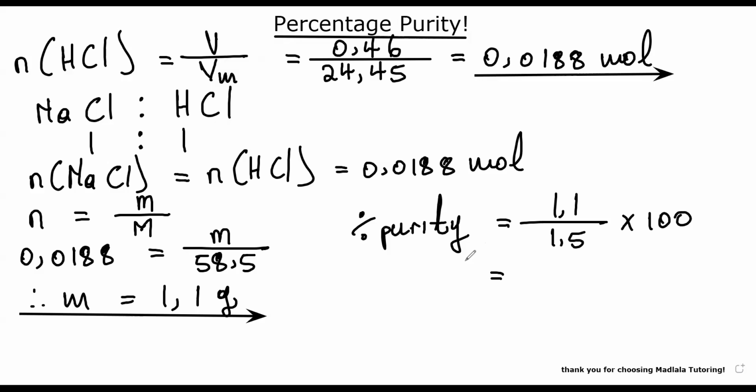But I think it's actually similar to the one we did before. So you find that, well, it's just going to be 73.33%. And you should be happy.